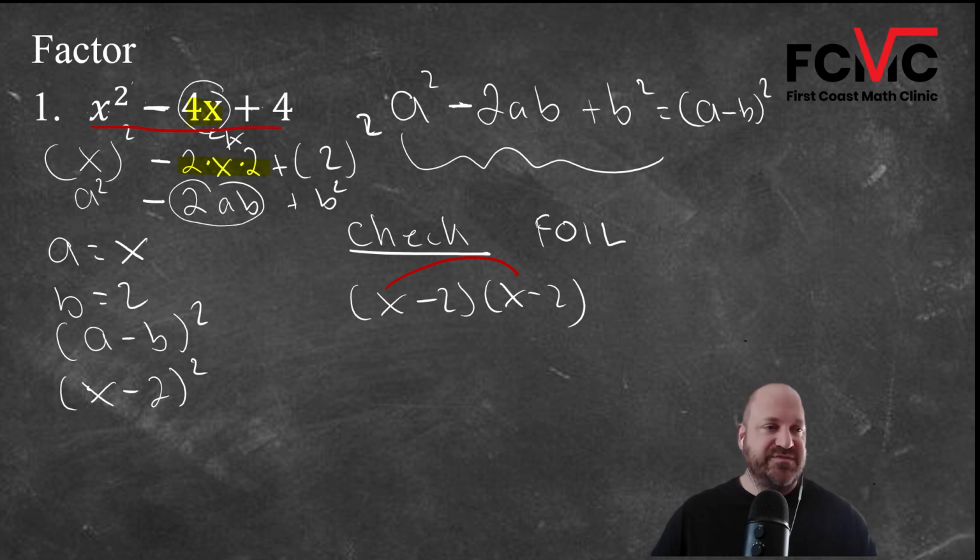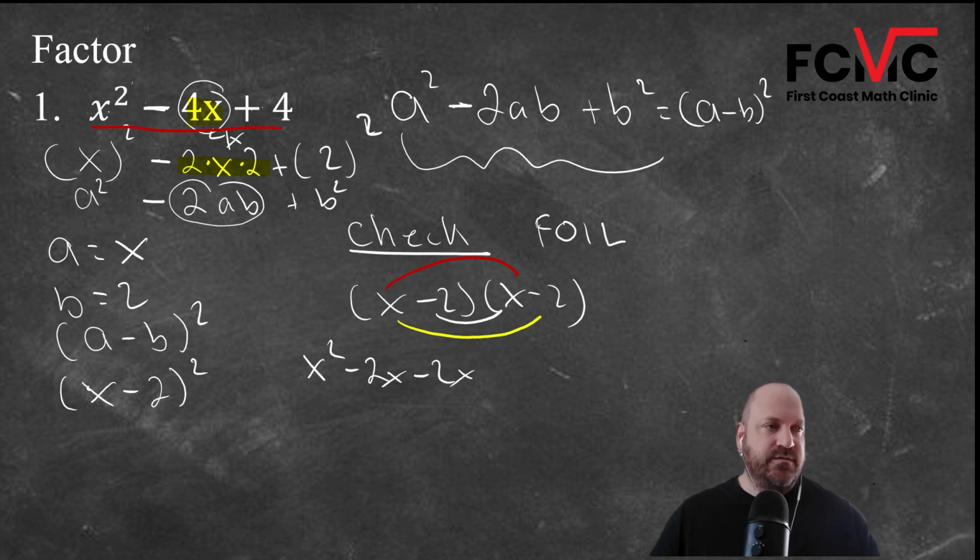So first, x times x is x squared. X times negative 2 is negative 2x. Negative 2 times x is negative 2x.